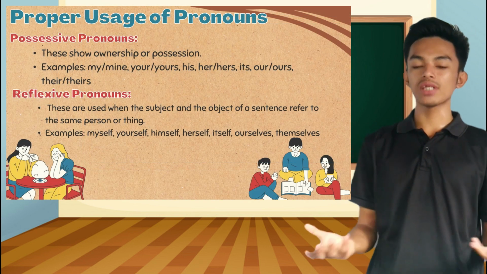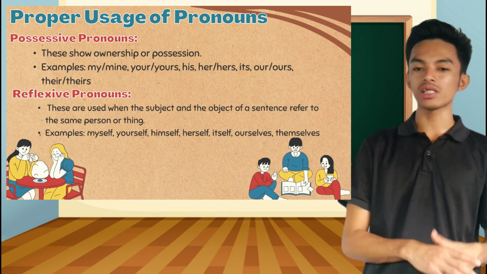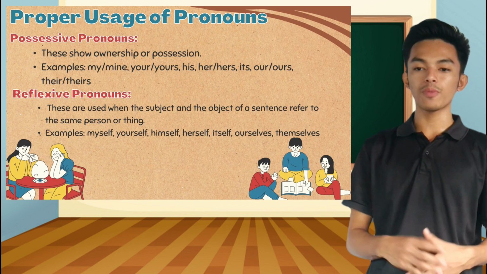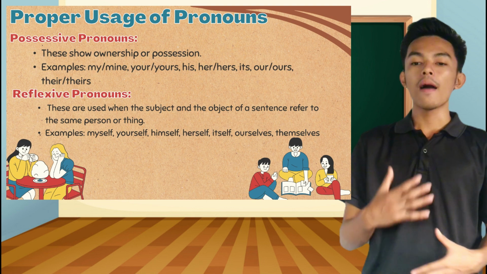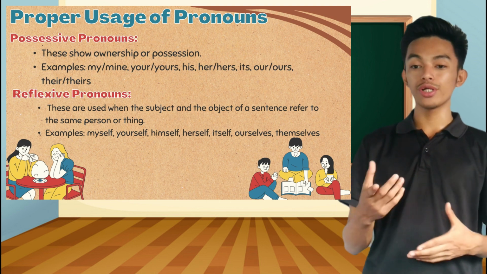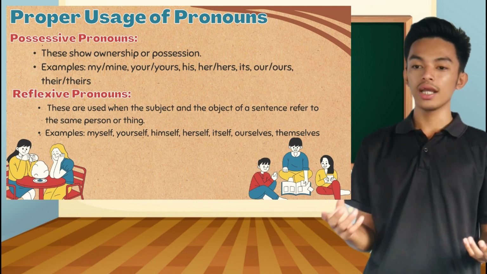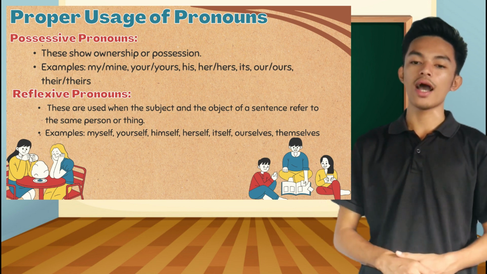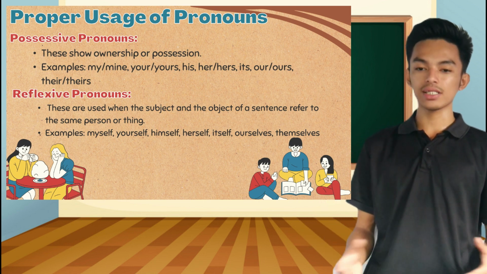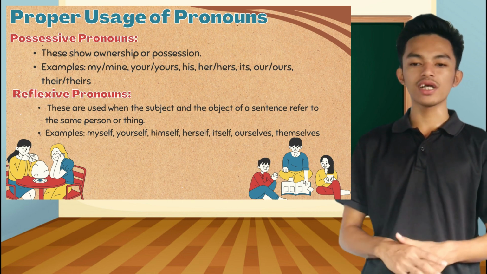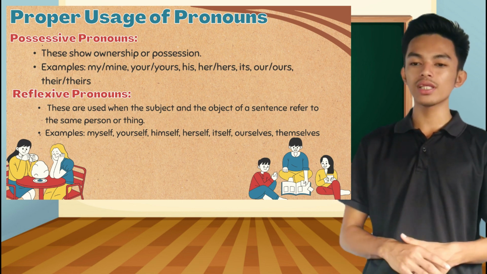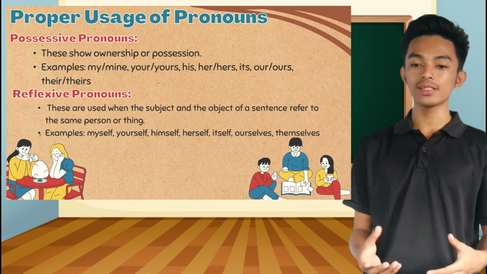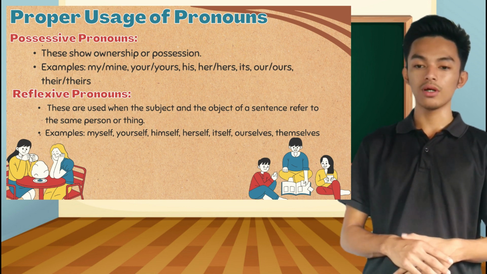We also have possessive pronouns. From the word possessive, this shows ownership or possession. For example, my, mine, your or yours, his or hers, its, our or ours, their or theirs, etc. The next one is reflexive pronouns. These are used when the subject and the object of a sentence refer to the same thing or person.